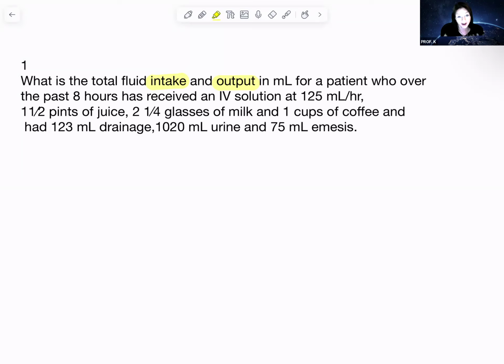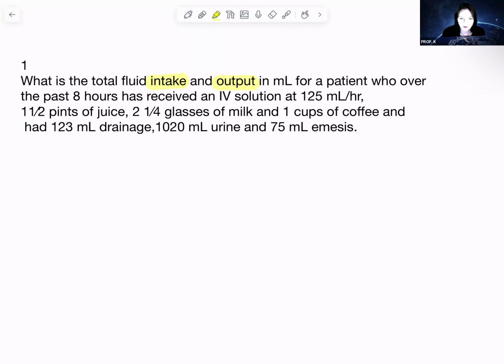But when patients are not healthy, and that's why they're patients, we monitor their intake and output because it tells us their fluid balance. Are they dehydrated? Are they overhydrated? Are their kidneys failing? There are so many things we can tell from intake and output. So it's always 2 numbers. Don't combine the 2.